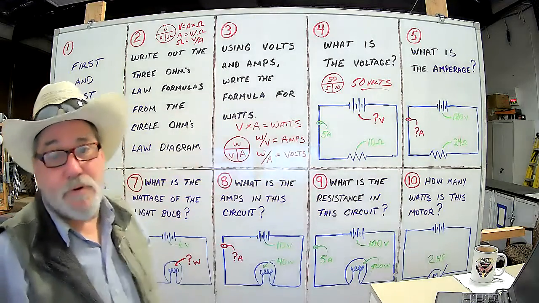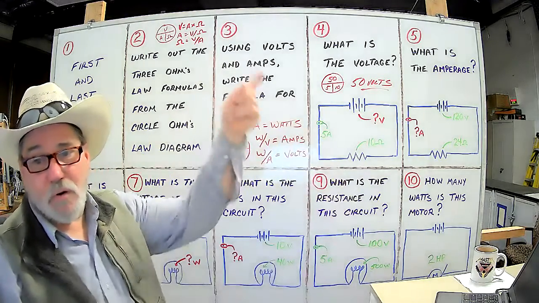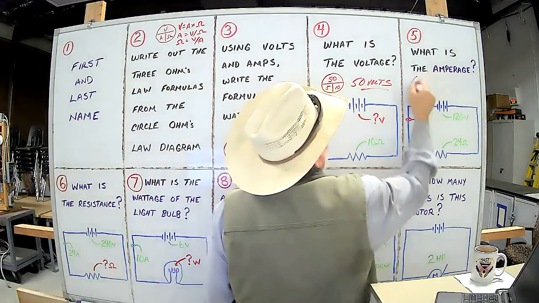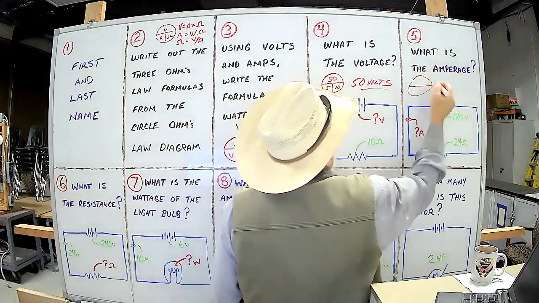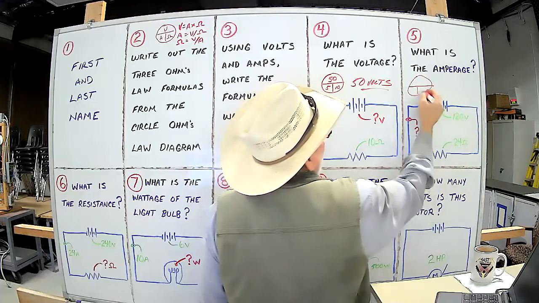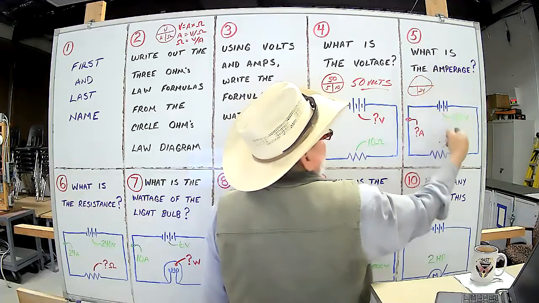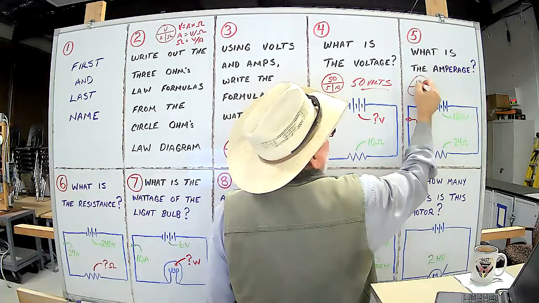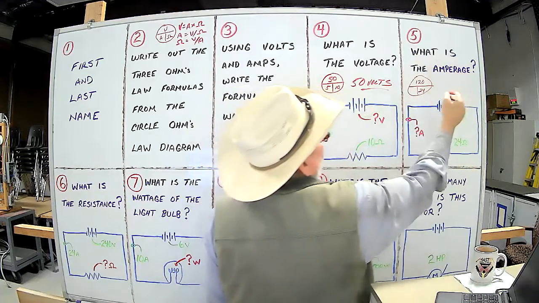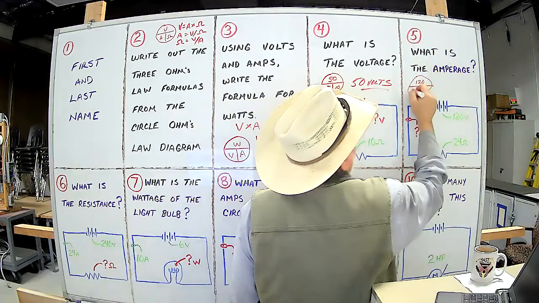So the next one is we don't know the amperage, okay? But we do know the voltage and the resistance. Again, do your little circle, okay? We don't know the amps, but we know the ohms are 24. We know this is 120. 120 divided by 24 equals 5 amps.